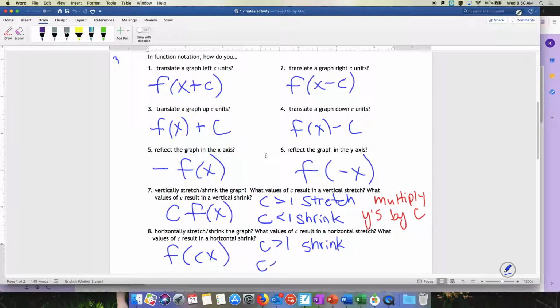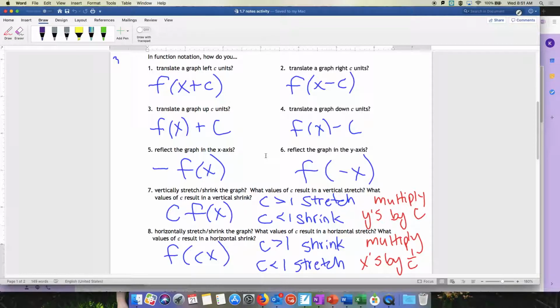When C is less than 1, we have a stretch. Okay, so our rules are backwards, and how we apply it is backwards. So since we have numbers bigger than 1 shrinking it, and numbers less than 1 stretching it, when we apply this, we're going to have to multiply our x values by the reciprocal of C.